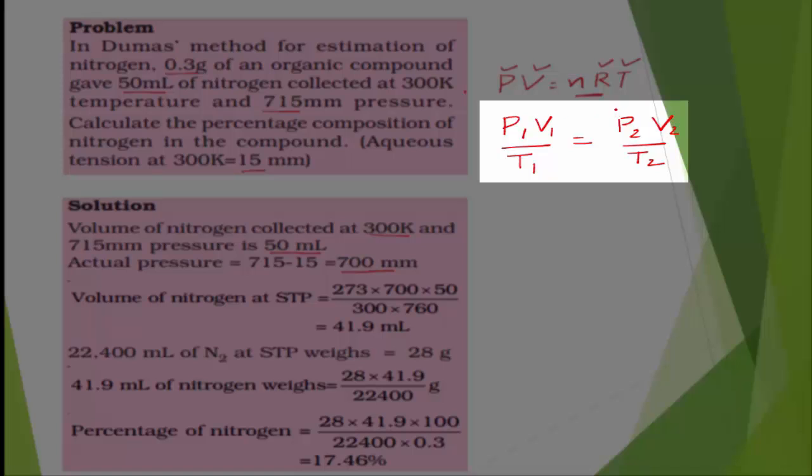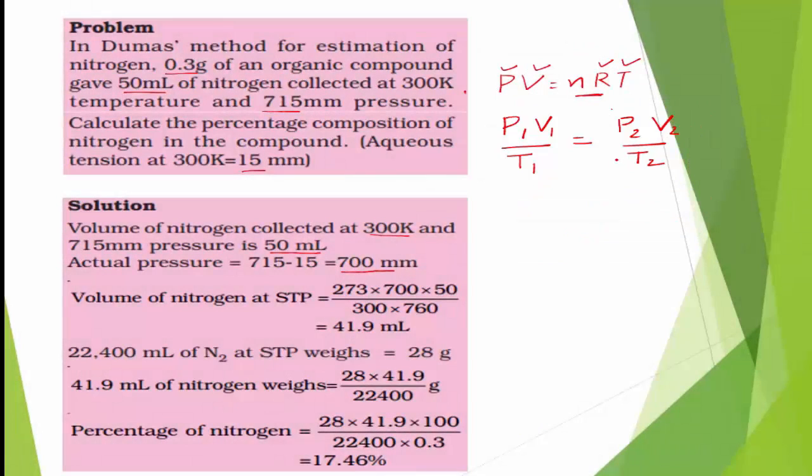Now we have to find the volume at STP. So we will use the pressure given here, the volume given here and the temperature given here, then the STP pressure and STP temperature. Just put these values: pressure 700, volume 50 ml, so P1 V1 is done.